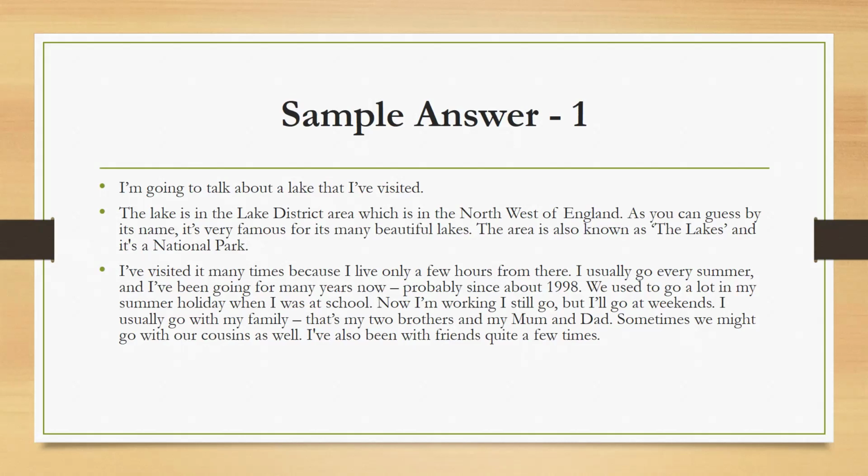As you can guess by its name, it's famous for its many beautiful lakes. The area is also known as the Lakes, and it is a national park. I've visited it many times because I lived only a few hours from there. I usually go every summer, and I have been going for many years now, probably since about 1998.